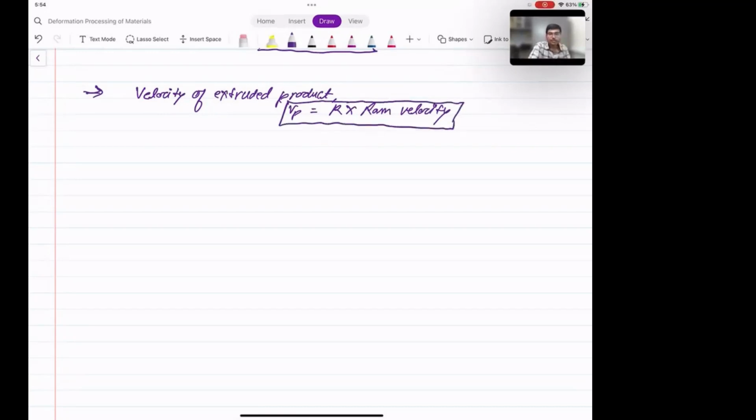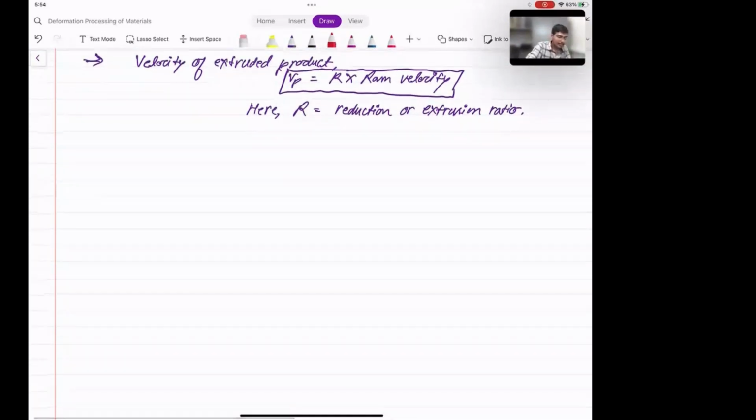Here R is the reduction ratio, or extrusion ratio.